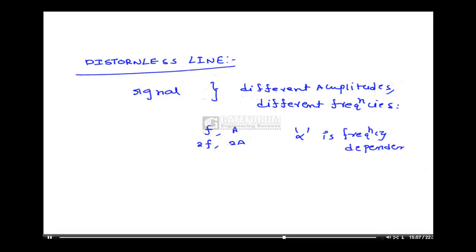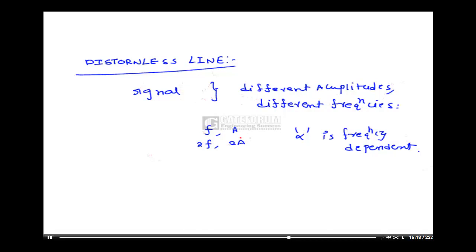For a lossless line, alpha is equal to 0, we know it. So this is a distortion property, because generally in a lossy line different amplitudes are attenuated differently, so some distortion exists at the output side.